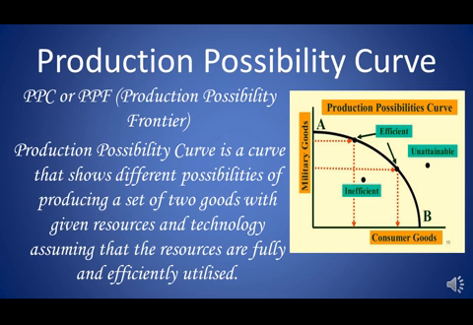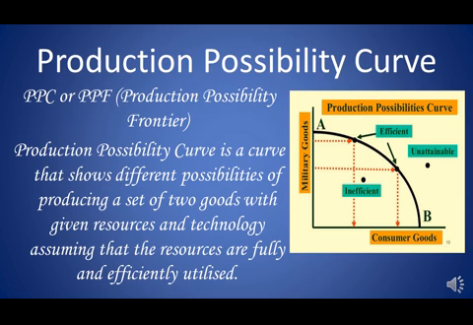Now we come to the most important concept in the first chapter, that is production possibility curve. It is also known as production possibility frontier. In short, production possibility curve is known as PPC and production possibility frontier is known as PPF.